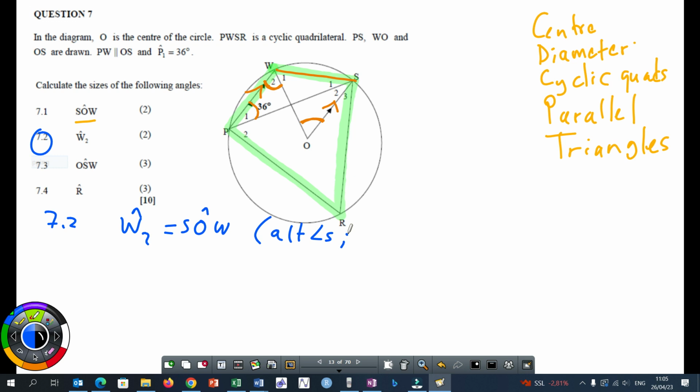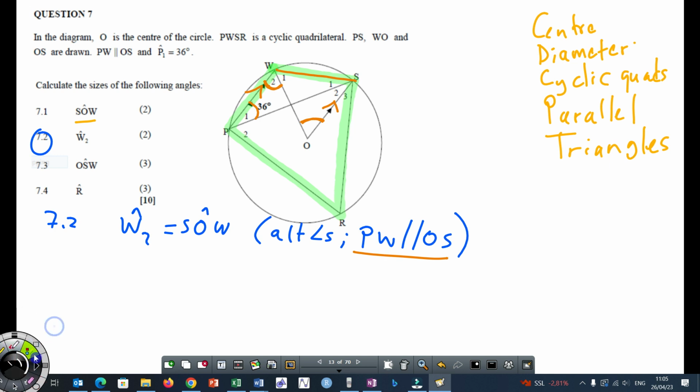So here it's going to be PW is parallel to OS. If you don't state this, your reason is considered incomplete, therefore incorrect. Alright, we're done with that one.